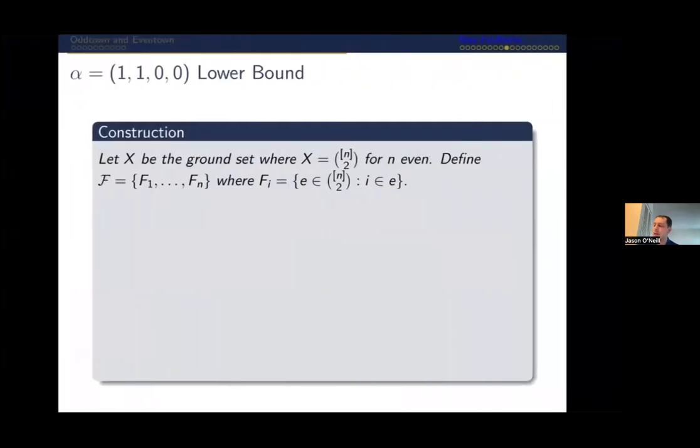So this is the 1, 1, 1, 0, 0. If I just look at the first two conditions, that's going to be reverse eventown, and the answer could be something like n over 2.